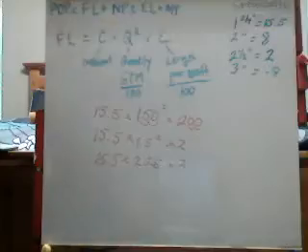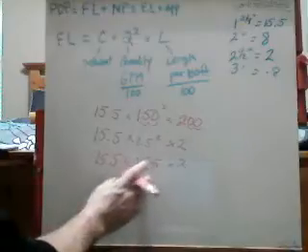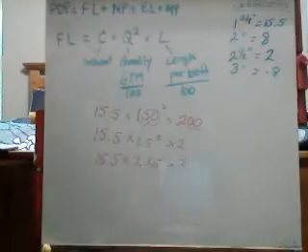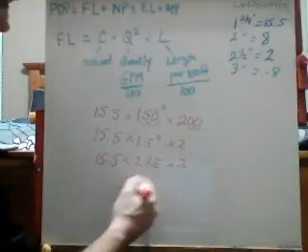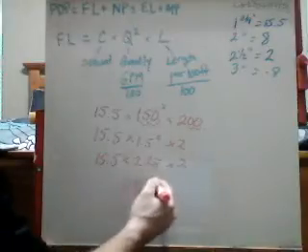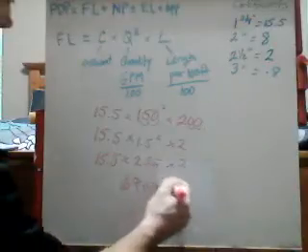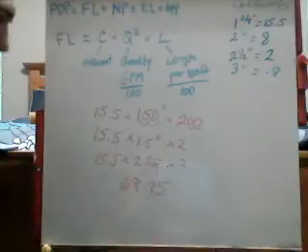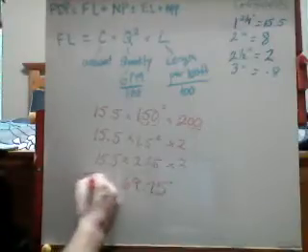More than likely you may use a calculator, or you might have to do it all out. But just do 15.5 times 2.25 and then double that to get what you want. So your answer then is 69.75.